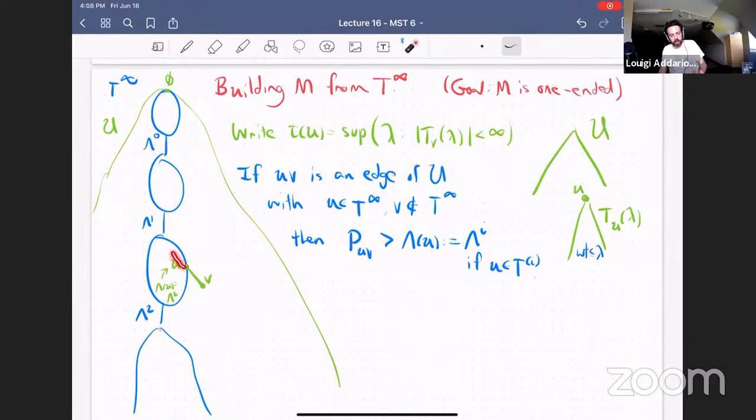The path from U can go up in the tree and then back down to get out to infinity here, as long as it only uses edges of weight less than PUV. Because of that, we know that U does have an infinite path of weight less than PUV, because this edge lambda 2 has weight less than PUV, because it was added and UV wasn't. So there's a path from here that somehow gets out this edge and then continues on forever.